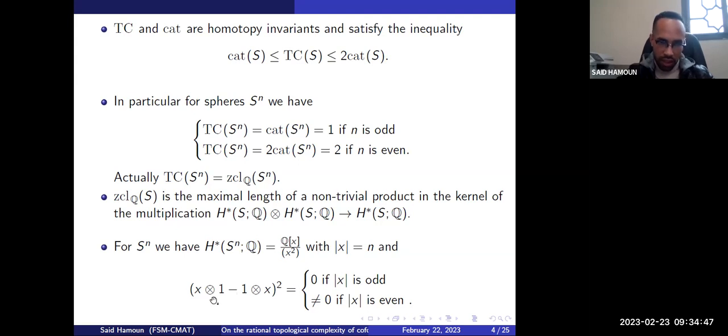And here, if you consider the element x tensor 1 minus 1 tensor x, which is an element in the kernel of the multiplication over the cohomology algebra, this element satisfies (x tensor 1 minus 1 tensor x) to the power 2 equals 0 if the degree of x is odd, and it is different from 0 if the degree of x is even. That means that the zero divisor cup length of Sn equals 1 if the degree of x is odd, and it is 2 if the degree of x is even.